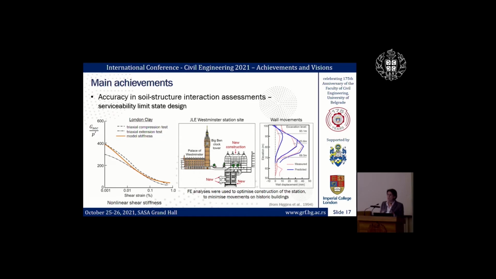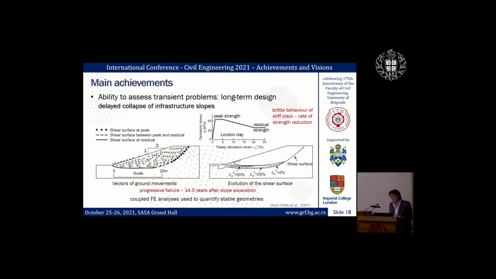So industry was convinced that that was needed, and industry took it on also in commercial software. The second type of problem that this opened, through the advancement of computer software and understanding of soil behavior, was the ability to look at transient behavior in the soil.